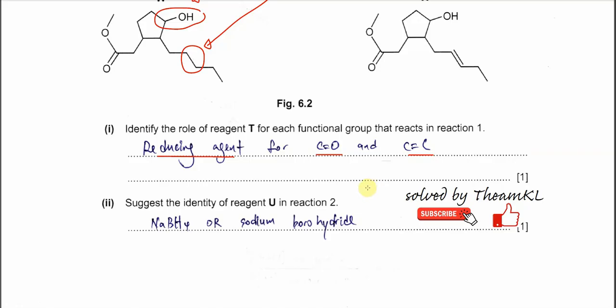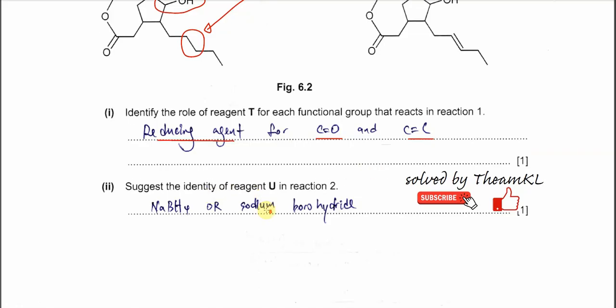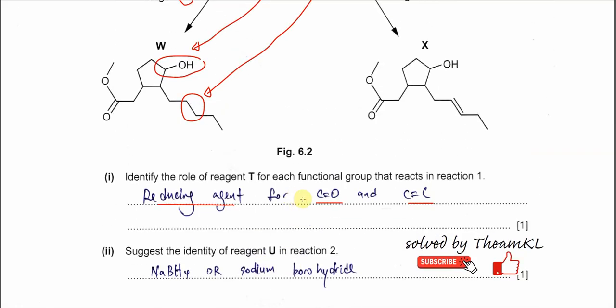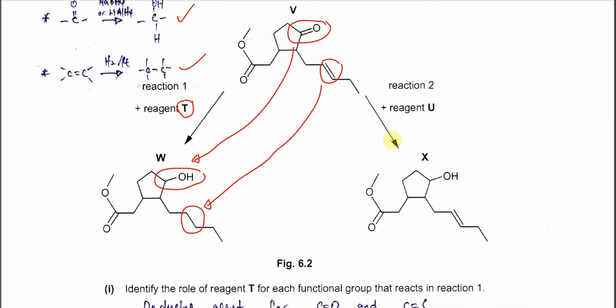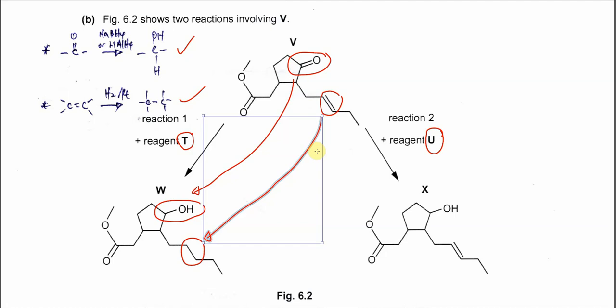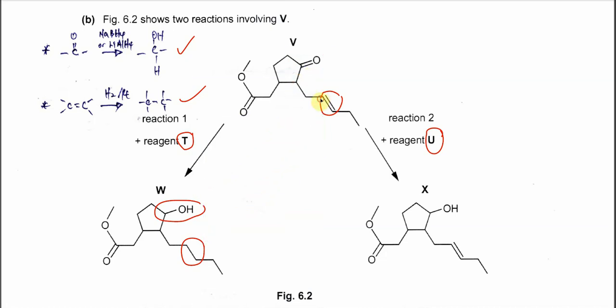Part 2. Suggest the identity of reagent U in reaction 2. This one you can identify what reagent U is. Okay, now let's compare compound V and X. So the difference is more obvious because there is only one change.